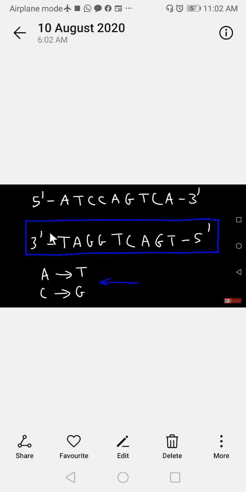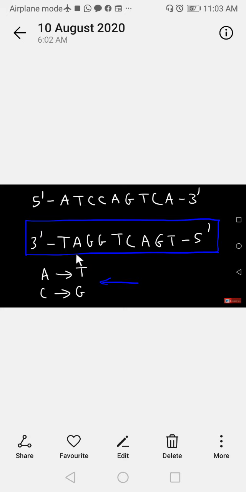One strand of the helix runs from 5' to 3'. Its antiparallel strand runs from 3' to 5'. If this is considered as the 5' to 3' direction, it is antiparallel to this one.